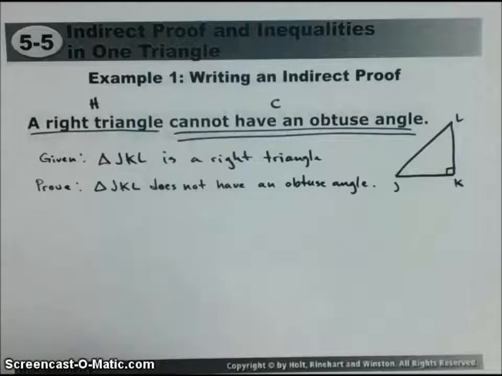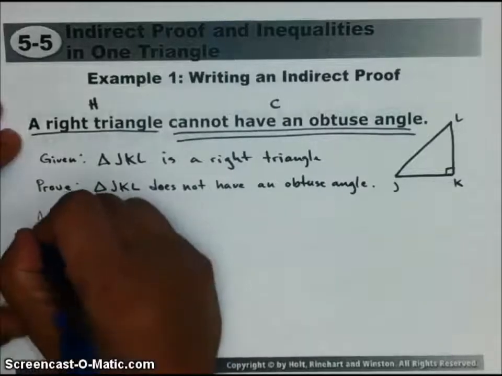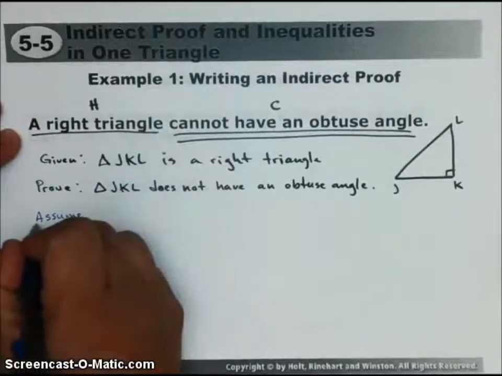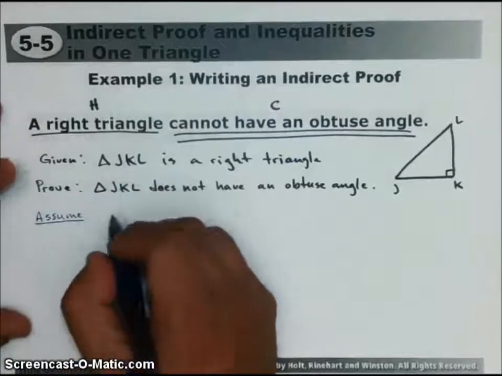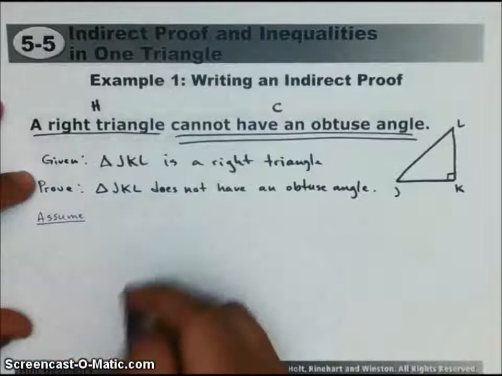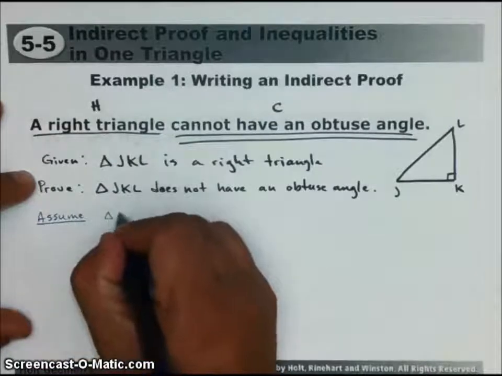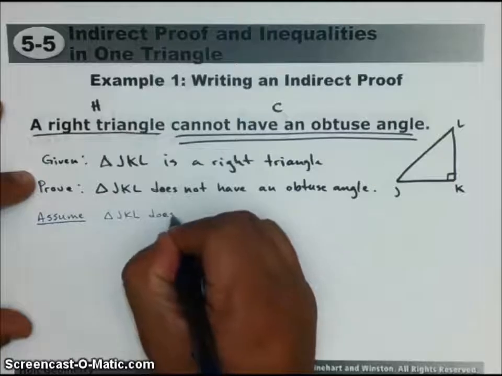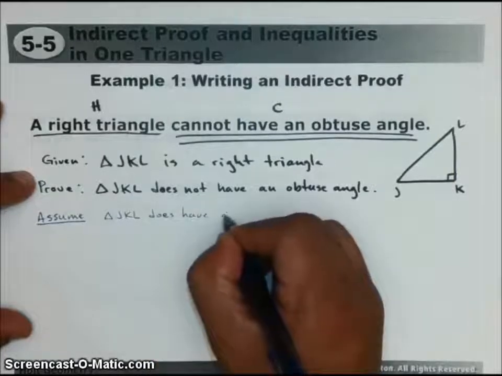Okay, so we're going to make an assumption. We're going to assume the opposite of what we're trying to prove. So we'll say that triangle JKL does have an obtuse angle.